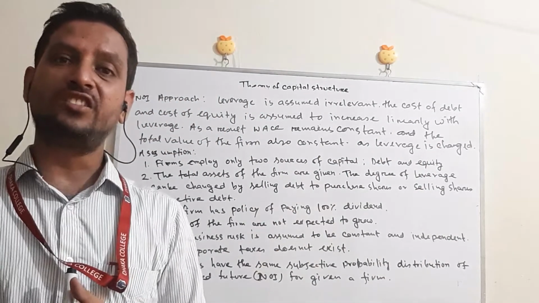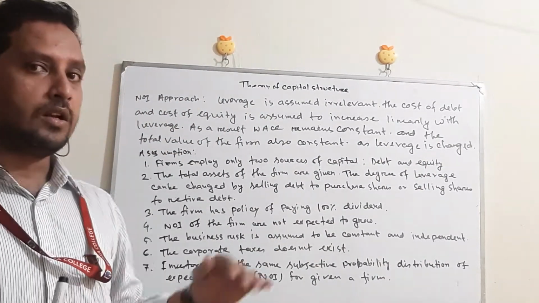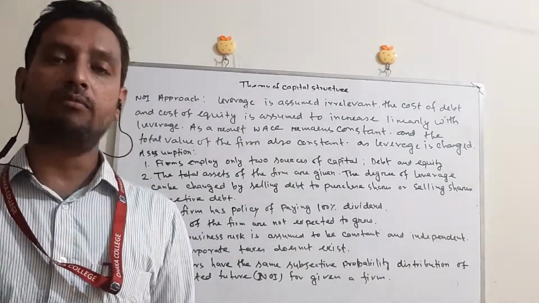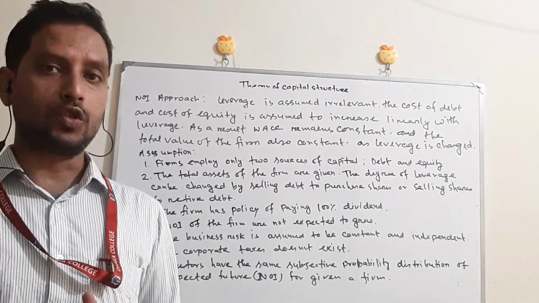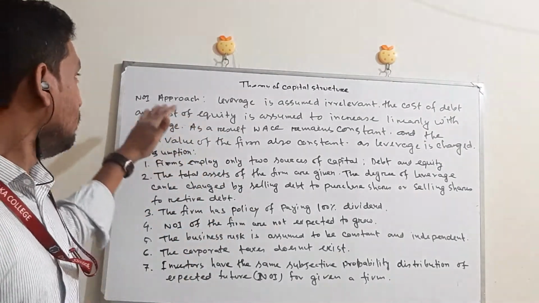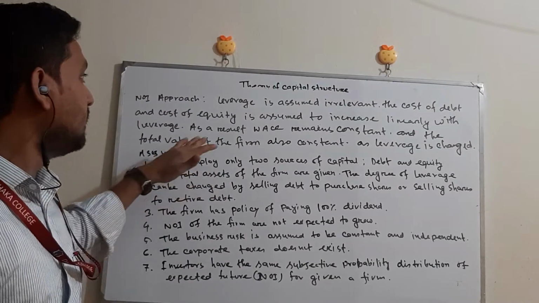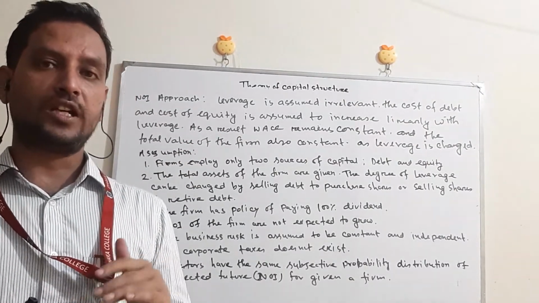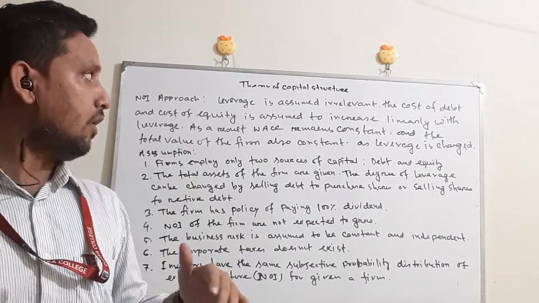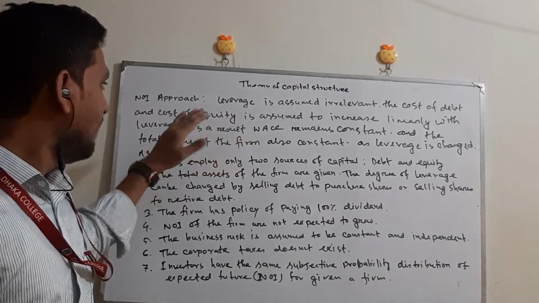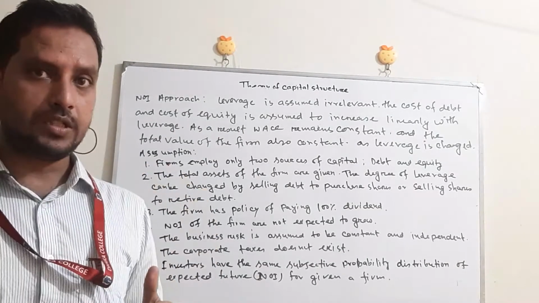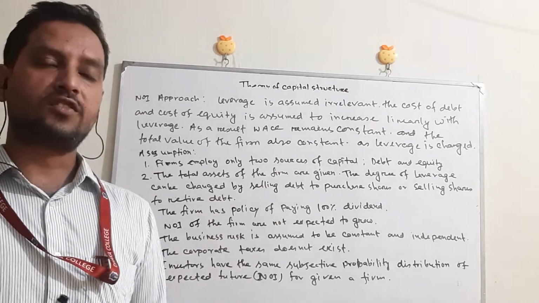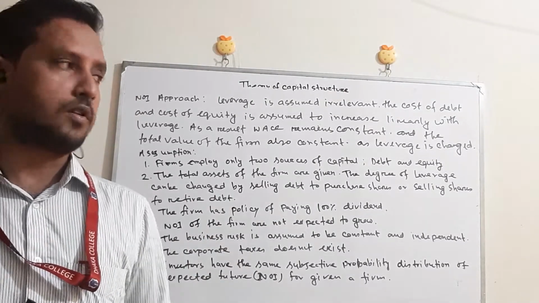The net operating income approach says that if cost of debt and cost of equity increase when leverage is increased, the value of the firm stays constant, and the weighted average cost of capital is also constant.